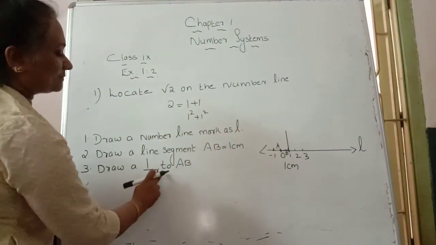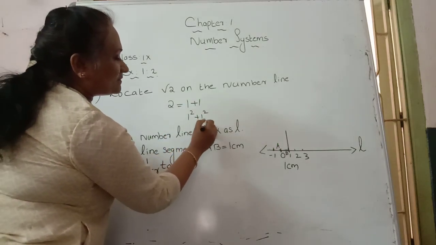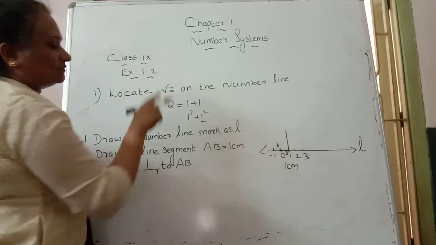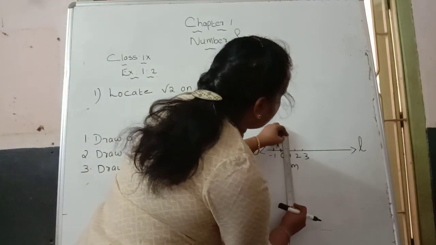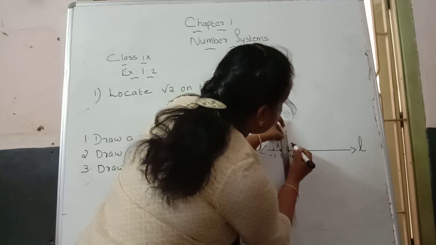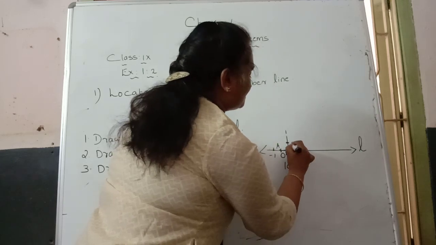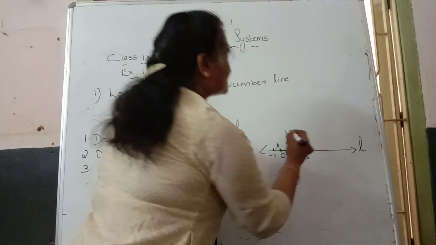What is the second measurement given? The second measurement is also 1 cm, so from B measure again 1 centimeter, and give the name C.